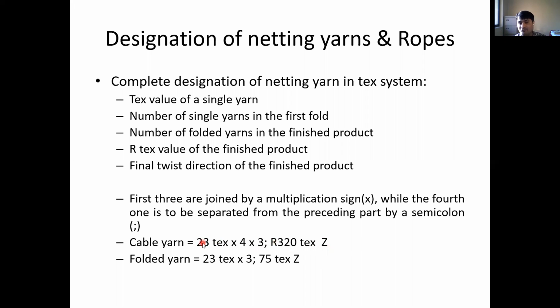If we multiply 23 into 4 into 3, it comes 276, so our tex value should come 276 here, but here it is 320. So 10 to 15% more we are putting in the tex value of the cable yarn or finished product.